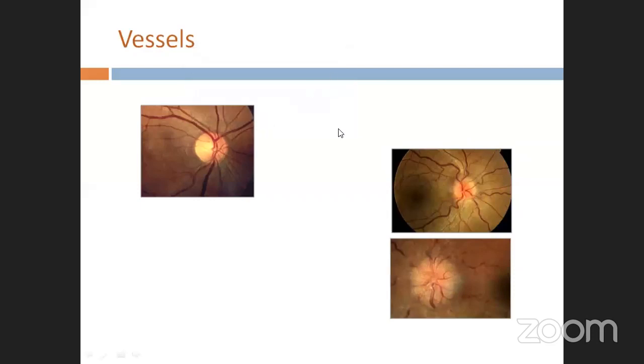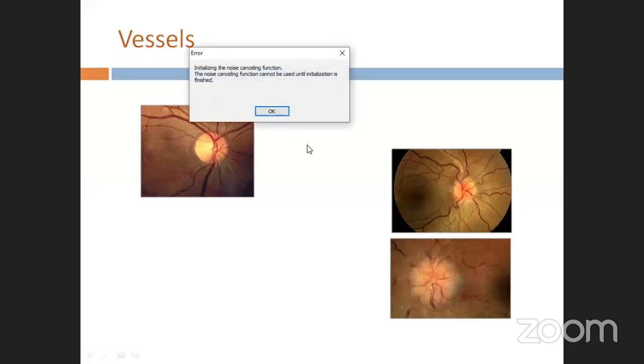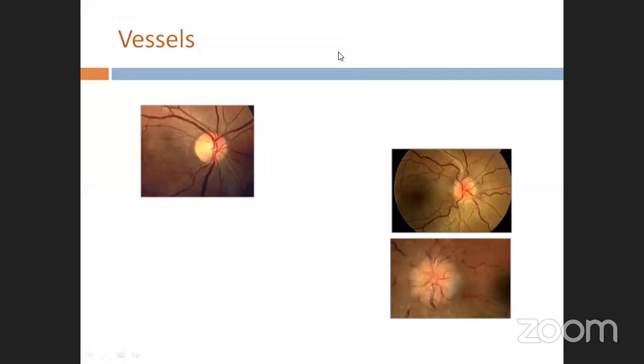Very annoying. So this is the mic of the computer. Now it's good.